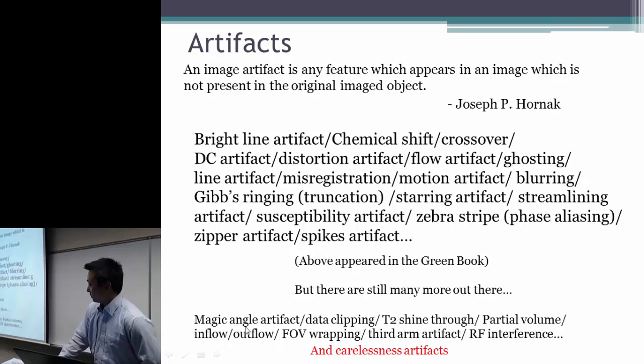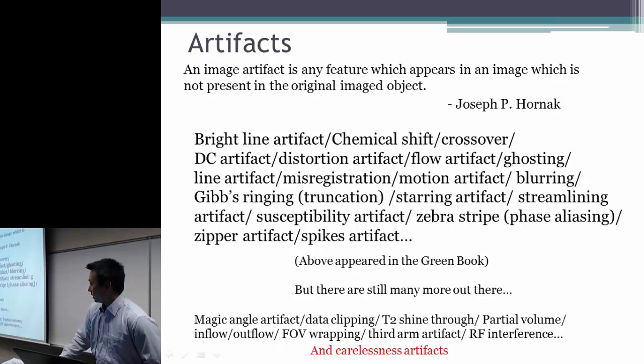For example, the magic angle artifact, where the signal would have different intensity if the object itself is lying at a certain angle relative to the external B0 field.